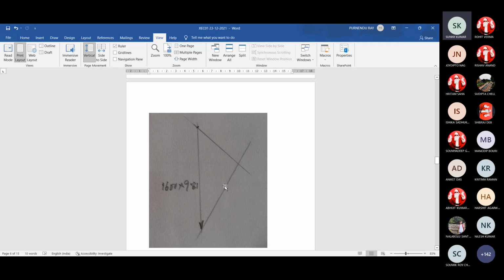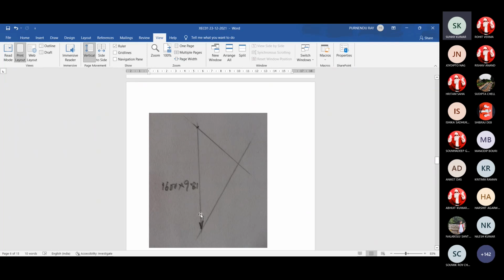One will be parallel to that angle theta 1, other will be parallel to that angle theta 2, and they will pass through these two terminal points of the 16 kilonewton vector. Through this point, we can draw a line parallel to that angle theta 2, and through this point we draw a line parallel to the angle theta 1 and get this point of intersection.